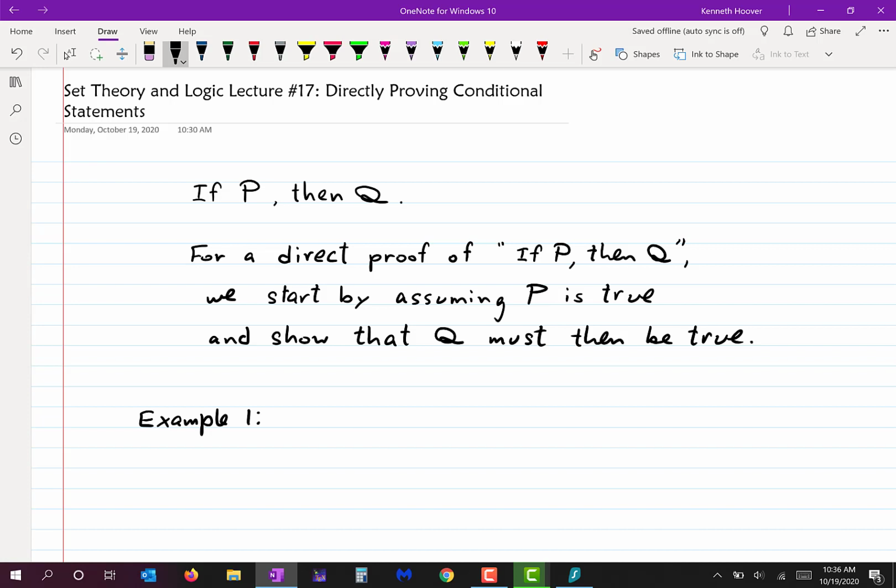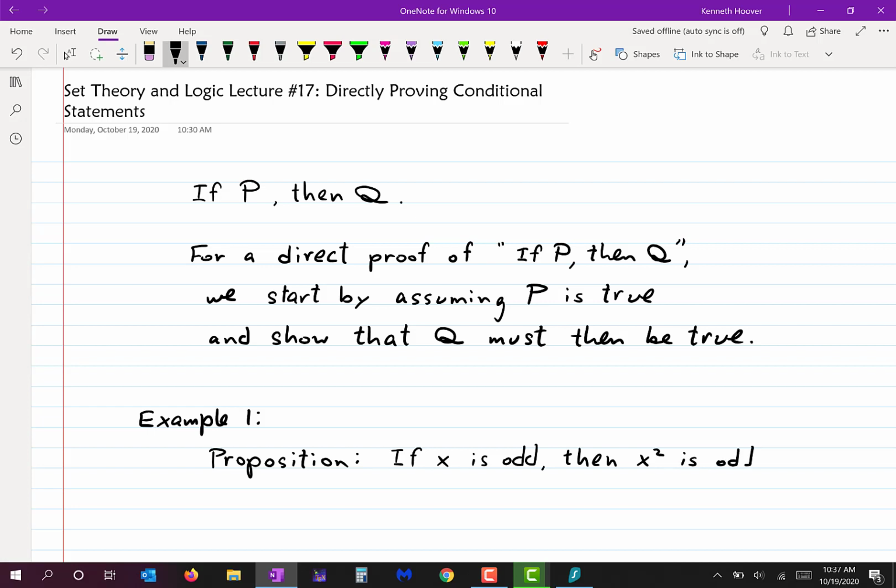In the book, which by the way, this is on page 119, it says proposition: if x is odd, then x squared is odd. Let's talk about the word proposition.